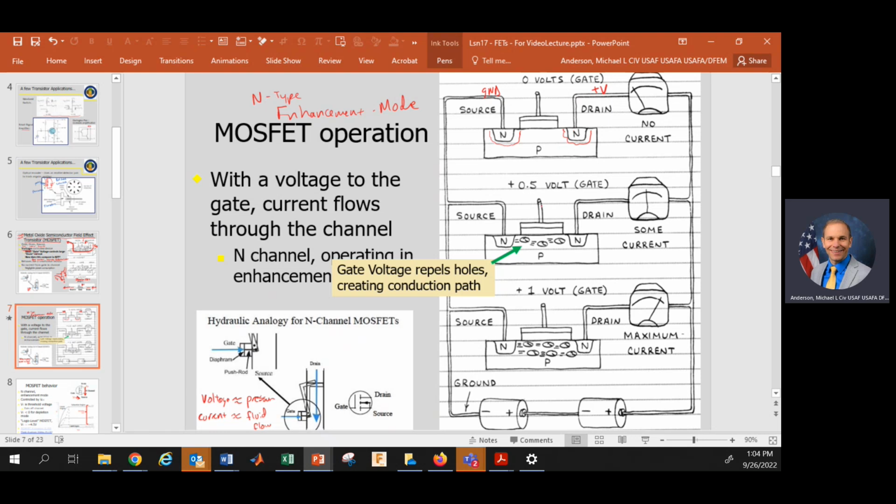As we apply a small amount of voltage, we push out this depletion region and start to create a channel wherein current can flow. And the more, boy, that is a terrible job of writing that.